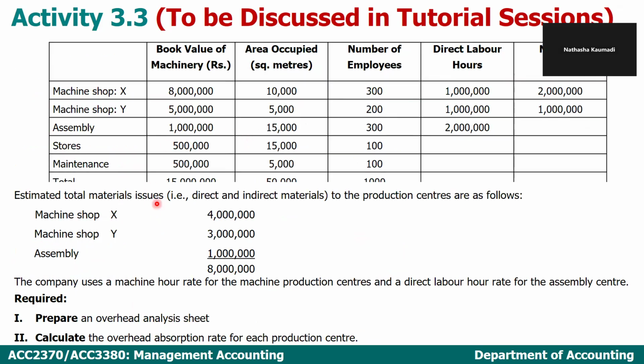Using this table you can allocate the cost: the book value of machinery, area occupied in square meters, number of employees, direct labor hours, machine hours, all the details are there for each of the 5 departments. Using this information, we calculated overhead absorption rates and completed the question.